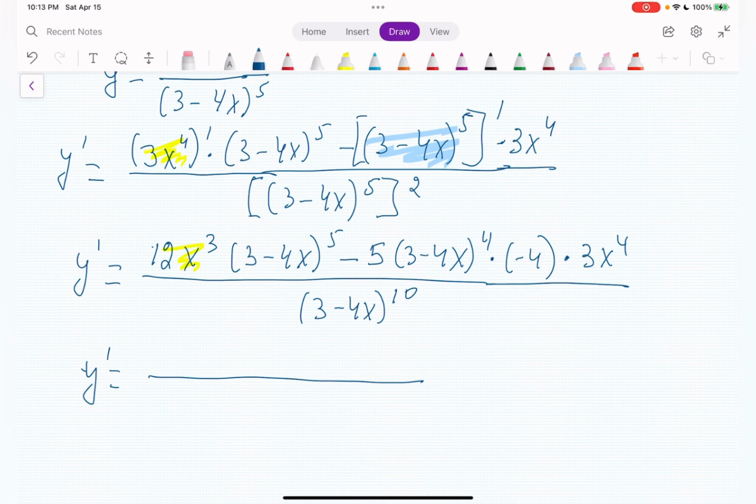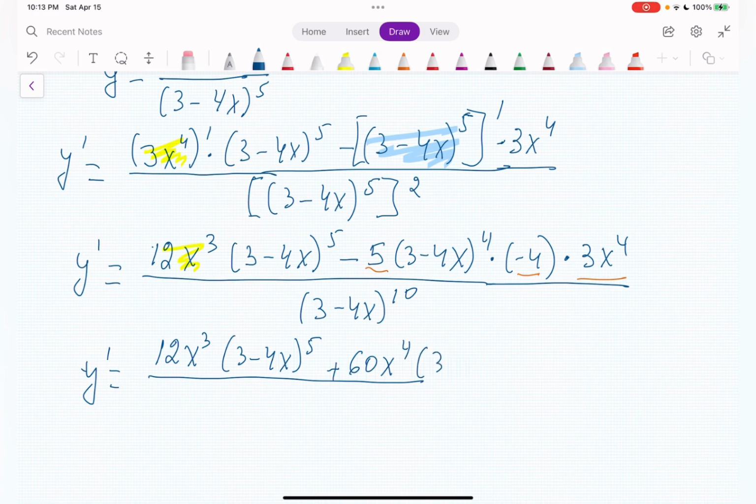So we get 12x cubed times 3 minus 4x to power 5 minus, what do we get? 5, negative 5 times negative 4 is positive 20, and times 3x to 4, it's going to be 60x to 4, it's going to be positive.